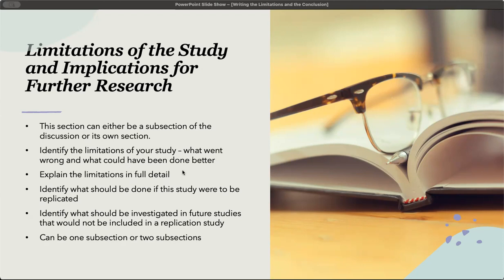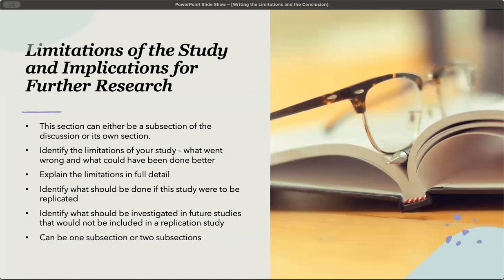And you would need to explain the limitations in full detail. So identify what should be done if this study were to be replicated. So if someone were going to repeat this, what is something that you did that the next person should avoid? And identify what should be investigated in future studies that could not be included in a replication study.